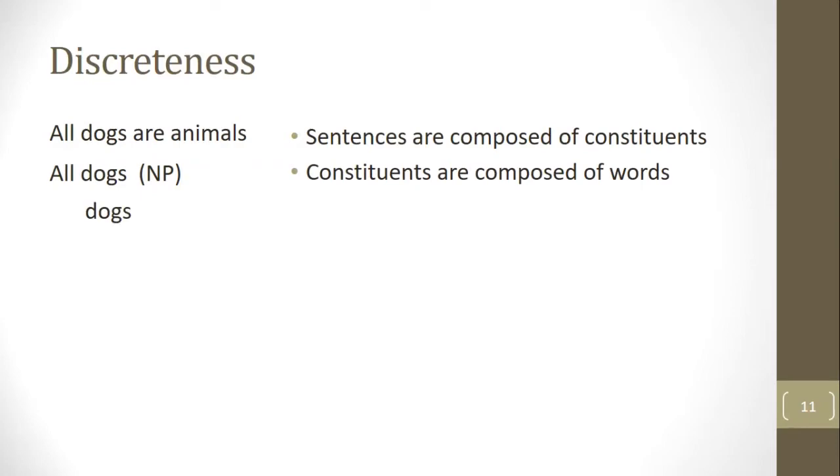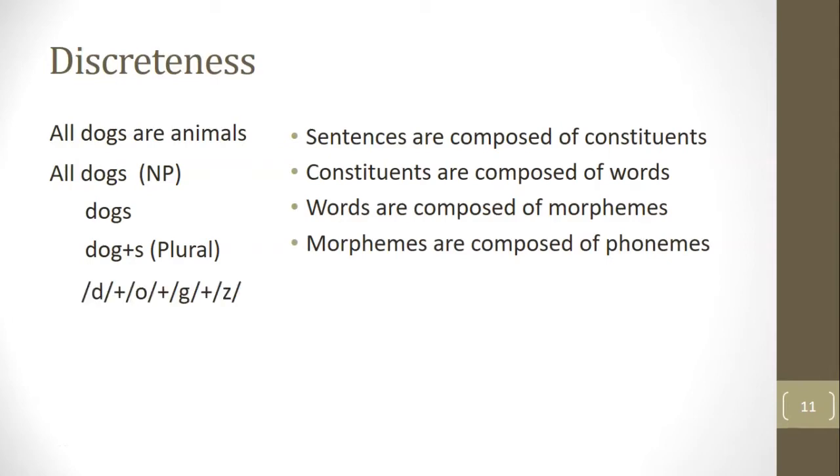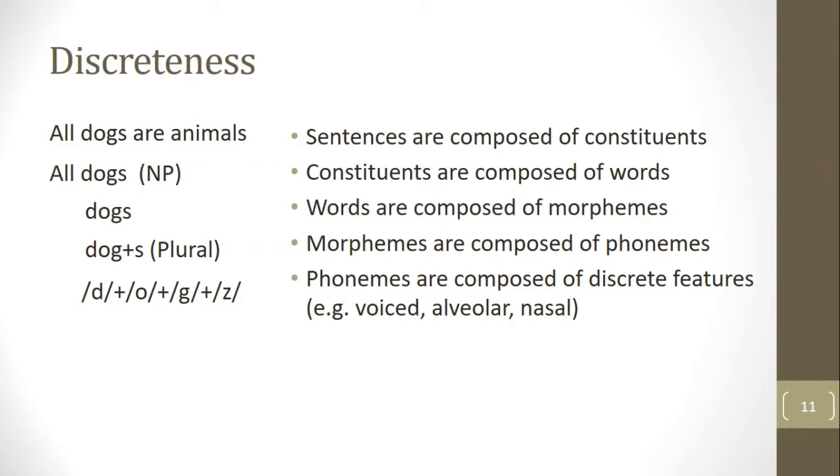We can take the word dogs and break that down into morphemes. For instance, the root dog and the plural morpheme z. We can take those morphemes and break them down even further into phonemes. For instance, d, o, g, z. And we can take those phonemes and break them down into their constituent features. So, for instance, the z phoneme is a voiced alveolar fricative.